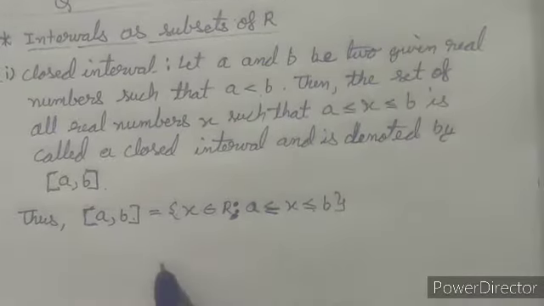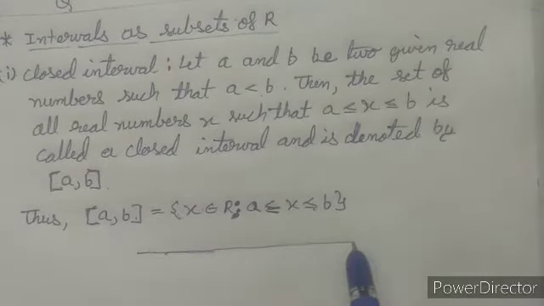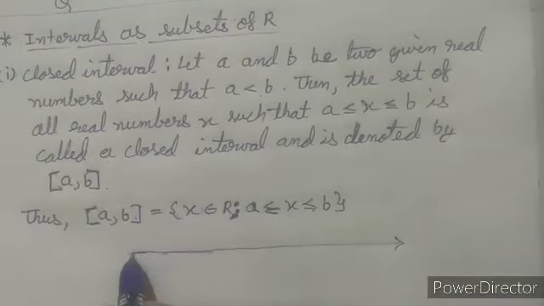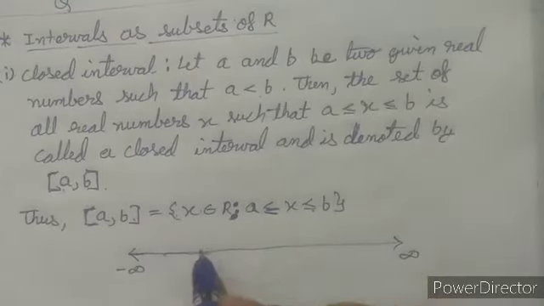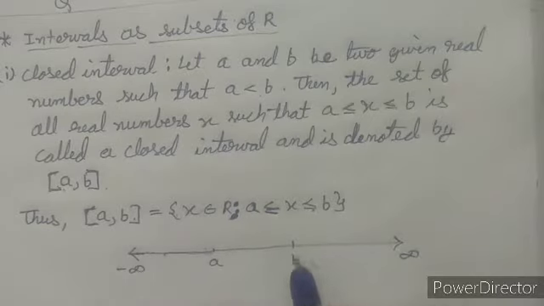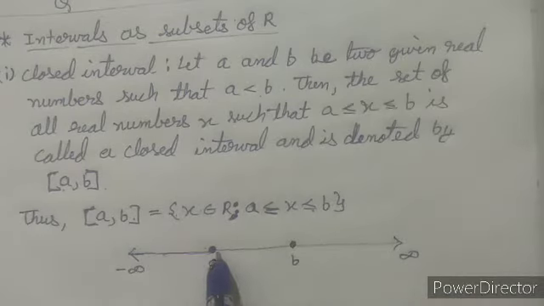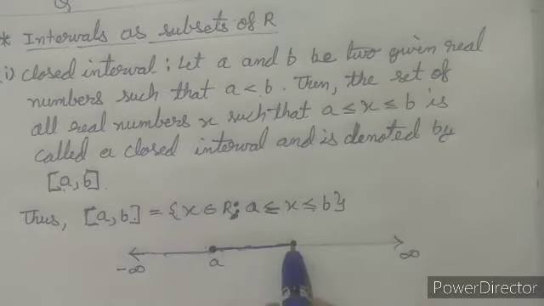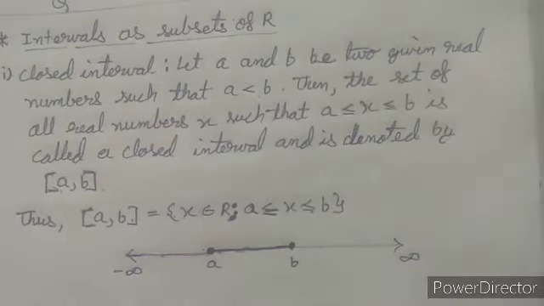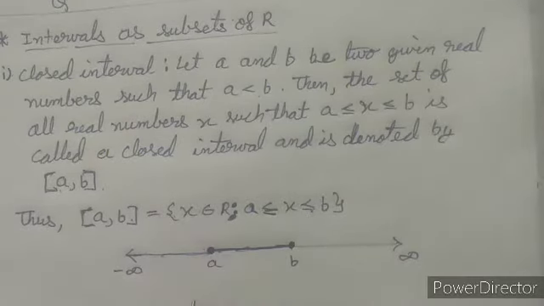Now on a number line, if you want to represent the real numbers in a closed interval [a, b] on a number line from minus infinity to infinity, then we can say that the elements from a to b will be represented by darkening the spot of a and b and drawing a line between a and b.